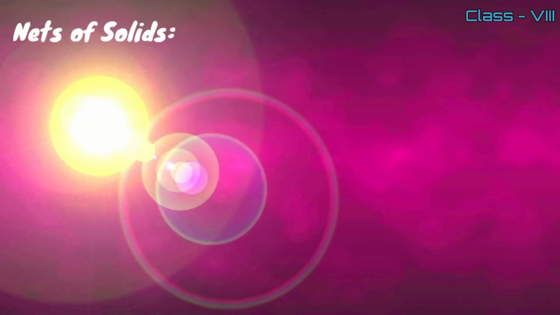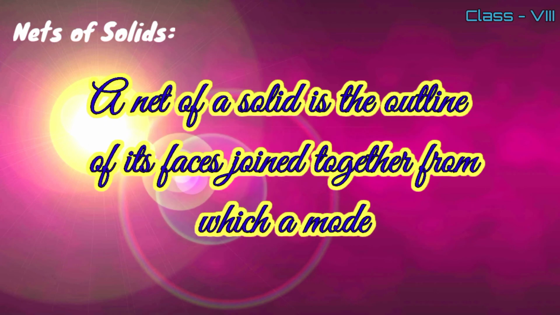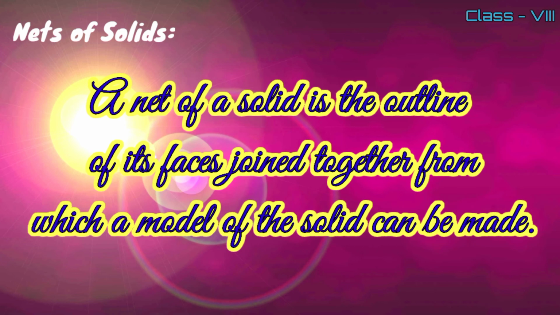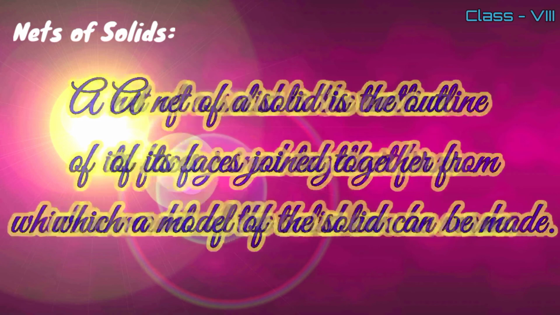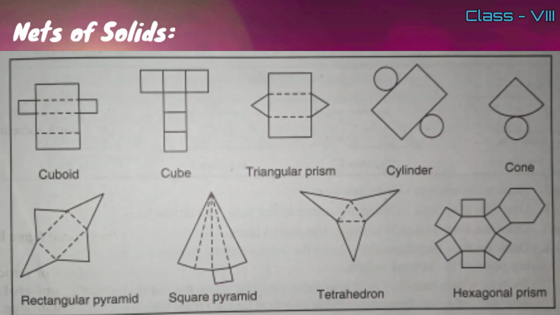The last one is net of solid. So what is net of solid? A net of a solid is the outline of its faces joined together from which a model of the solid can be made. Nets of some of the solid figures are shown in the picture.